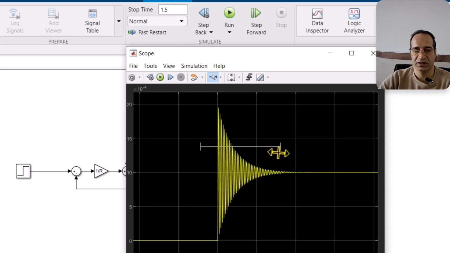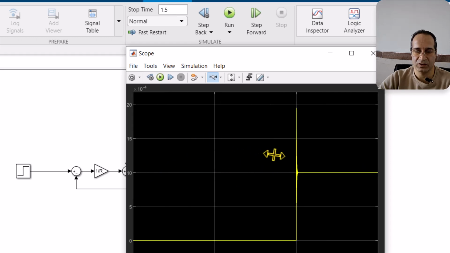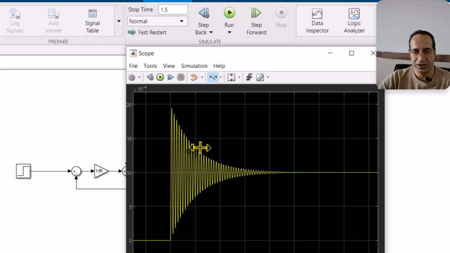As you see, the response is much better. Sinusoidal, it gets lower and lower exponentially. There is an exponential curve over here, and it gives the final result, which goes back to 10 times 10 to the -4.